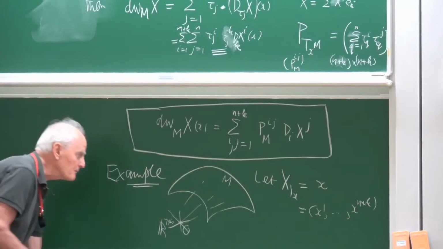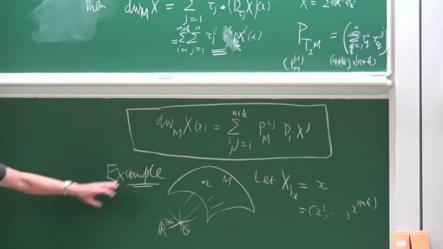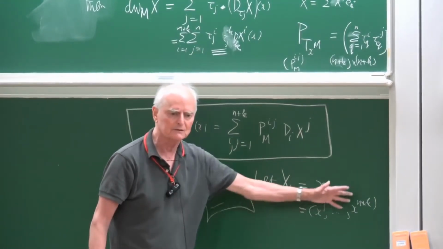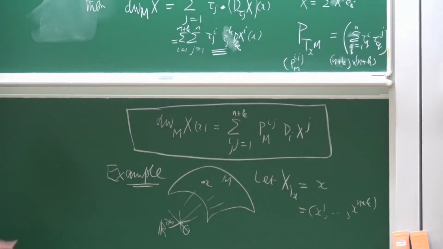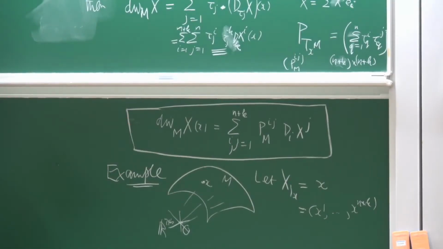Now let's compute. According to this, we go to a point x of M. Notice this is one of the cases where X is C1. In fact, these are obviously C infinity functions in all of R^(n+k). So certainly this particular formula can be applied in this case.